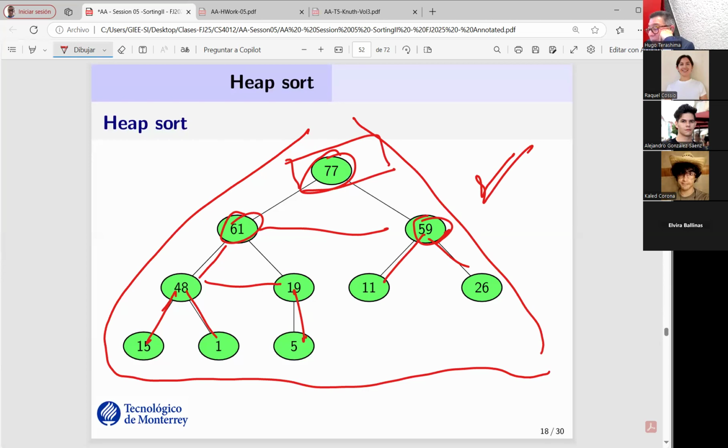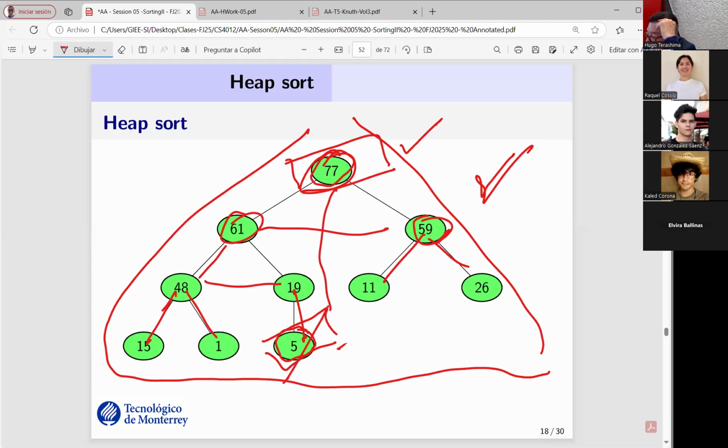So where should I put the maximum? Imagine this is a tree, but this is the array. So this is the first position of the array, and this is the last position of the array. Since this is the maximum, what should I do? Go and exchange this and this.